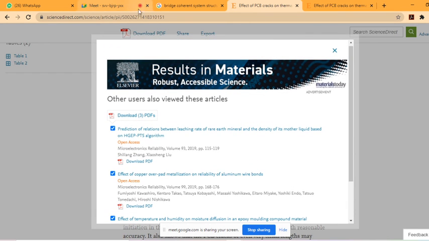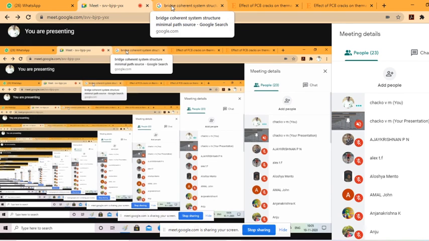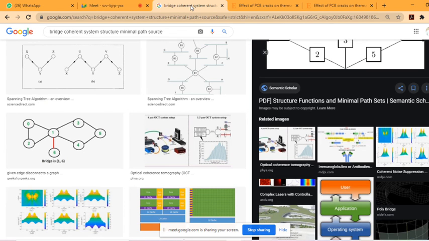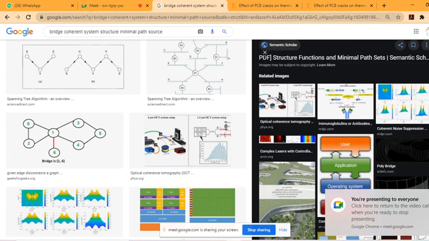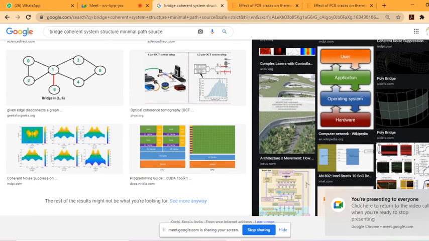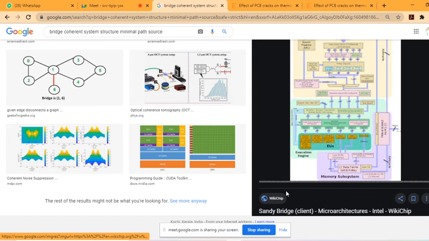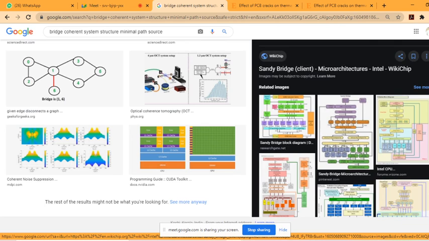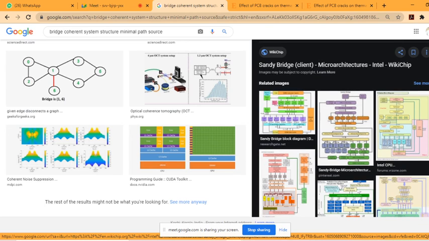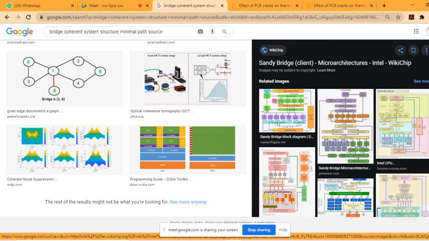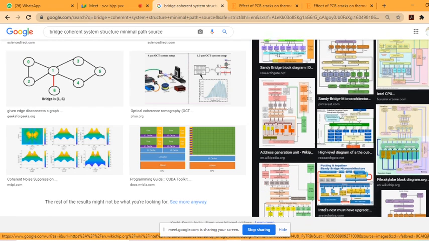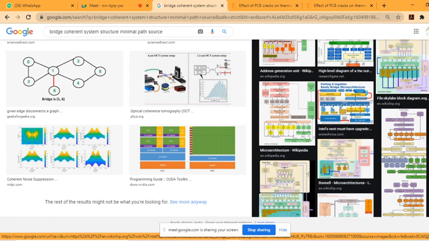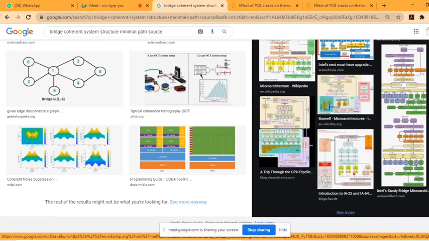There are several articles in this area. You can study the details, especially for the reliability analysis. These are all structures of micro architectures, Intel chips. Everybody is doing analysis using this type of structure.